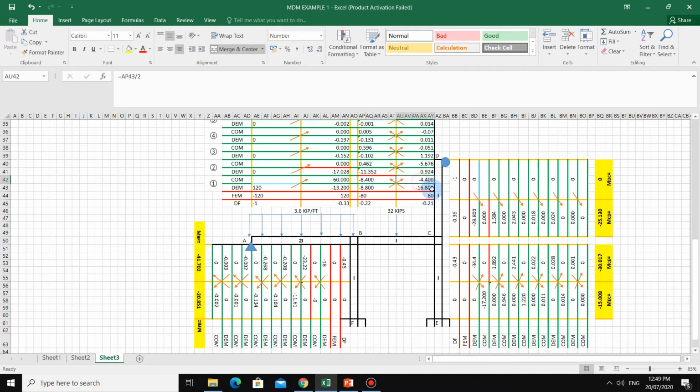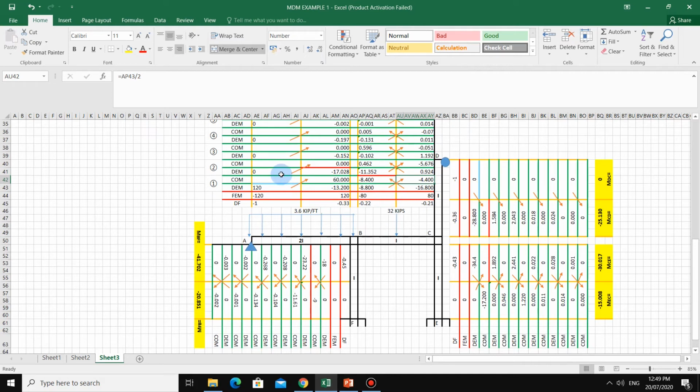Then for C, negative 4.4, 0 or 0. So at C, the balance moment is small, negative 0.4, negative 4.4. Okay, so we still have to do another cycle.